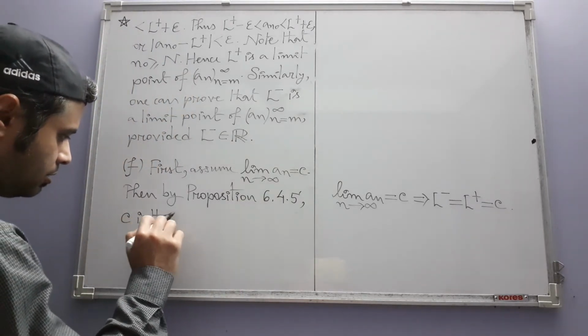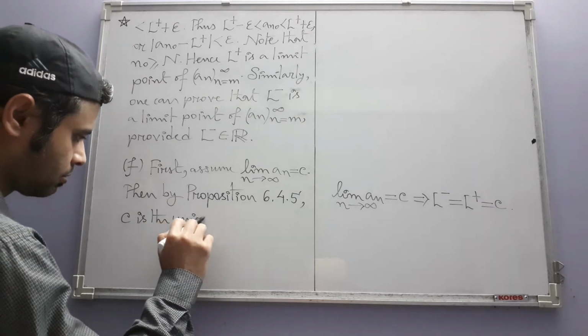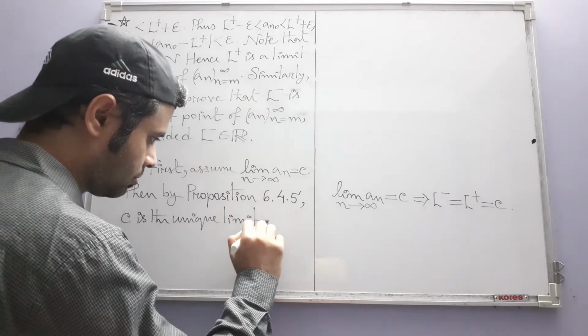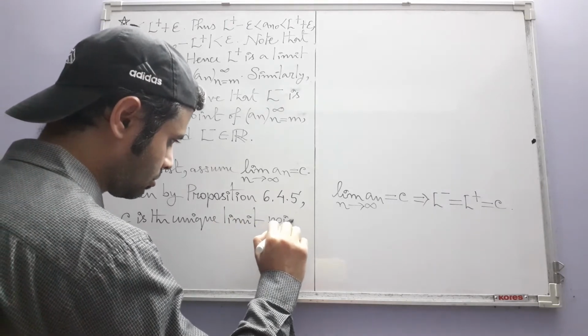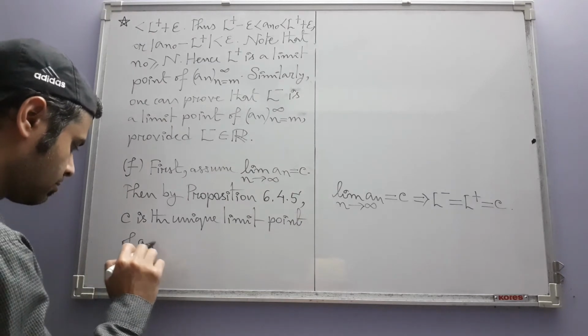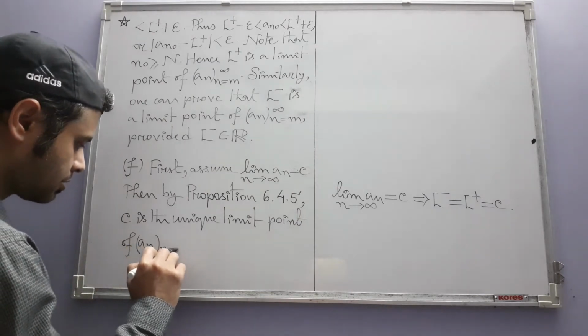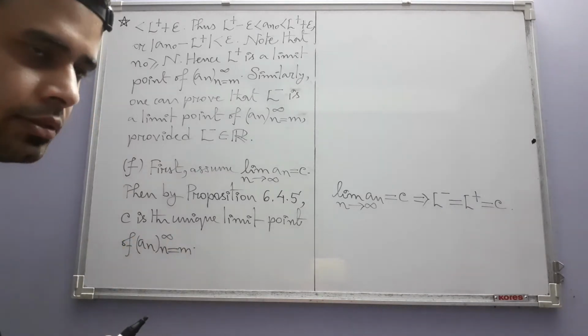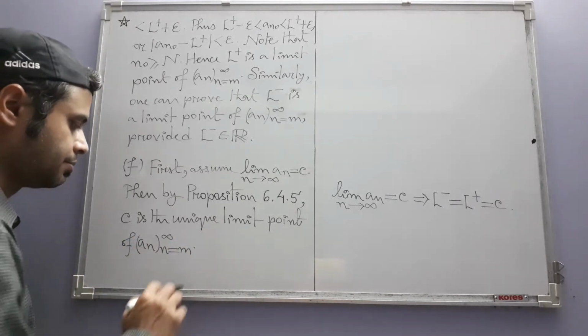C is the unique limit point of our sequence. This is one thing that we can immediately say.